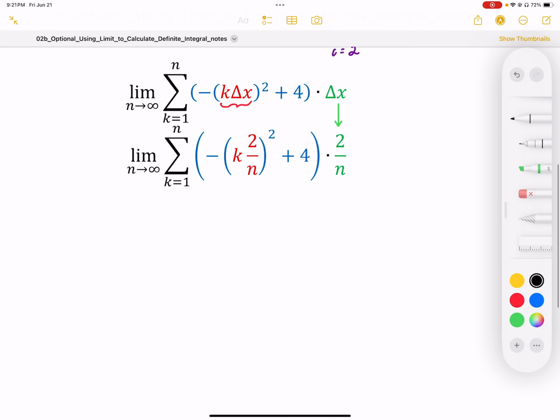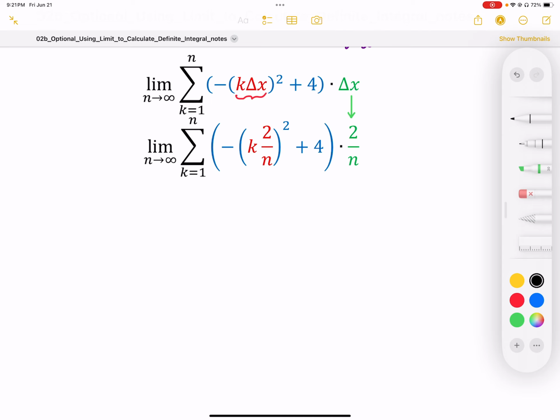Okay, so let's go ahead and simplify this expression. So I'm going to do the limit as n approaches infinity, sum from k equals 1 to n, and this expression now becomes negative 4k squared over n squared plus 4, times 2 over n.